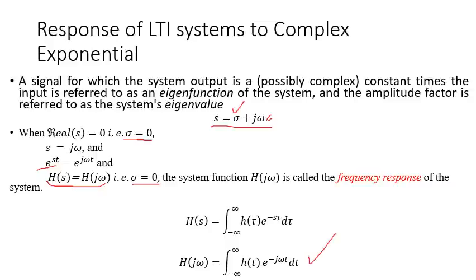So h of j omega, when the real part is 0, is the integral of h of t times e power minus j omega t, and this is called the frequency response of the system.